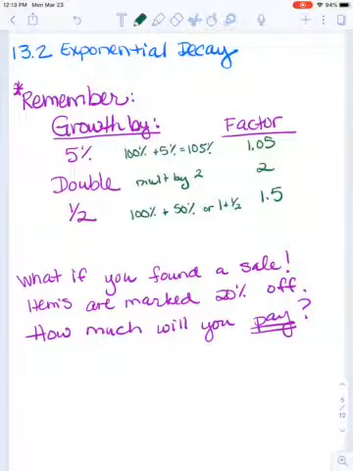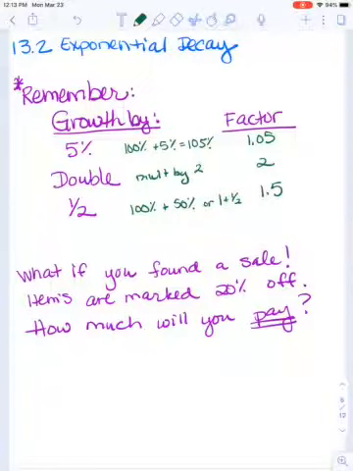So instead of growing, it's literally called decaying, but think of it like a sale. If we found something on sale, my inbox is flooded with sales right now because everybody's trying to get you to still spend your money. If I found a sale and something's marked down 20% off, how much are we actually going to pay of the cost of that item?